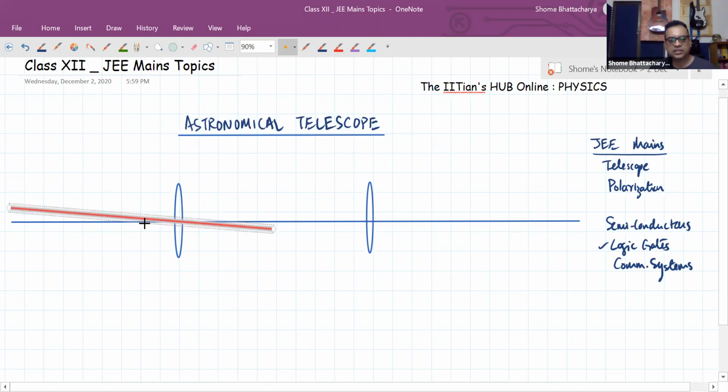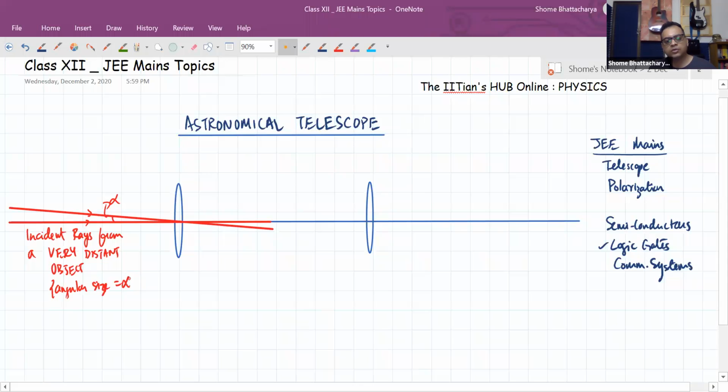So if these are the rays coming from a very distant object, the object's angular size is alpha. These are incident rays from a very distant object, and its angular size is equal to alpha.